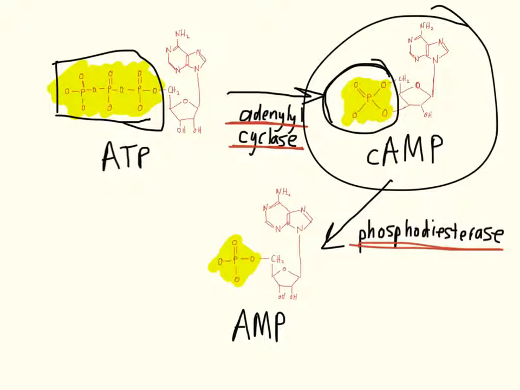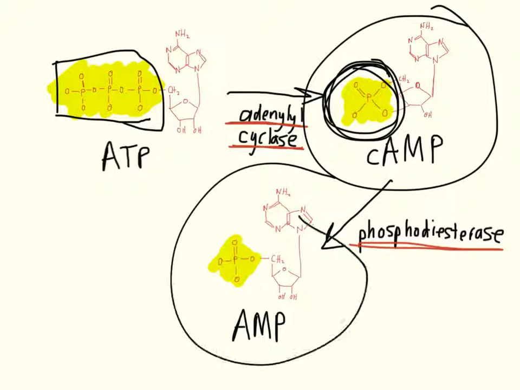And you can see how the phosphate group is linked in this circular fashion. And cyclic AMP is then converted into AMP. So cyclic adenosine monophosphate is converted into just adenosine monophosphate by phosphodiesterase, as shown here.